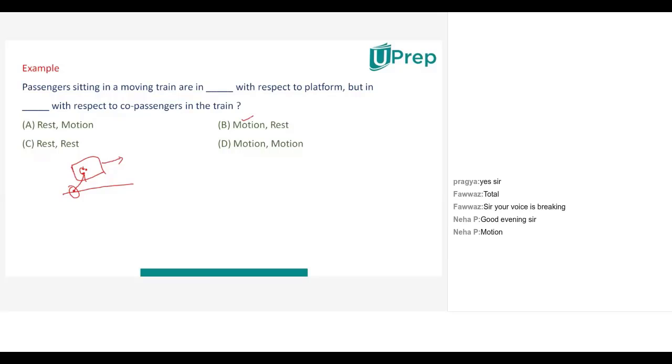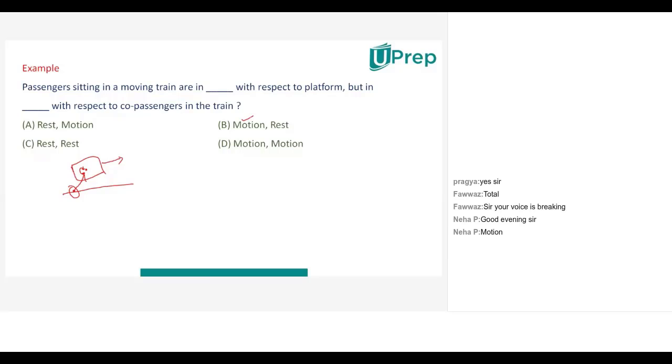Why? Sir, the person will be in the state of rest because he is in the train beside me and is not moving. Okay. So that means his position is not changing with respect to you, isn't it? Yes, sir. Right.